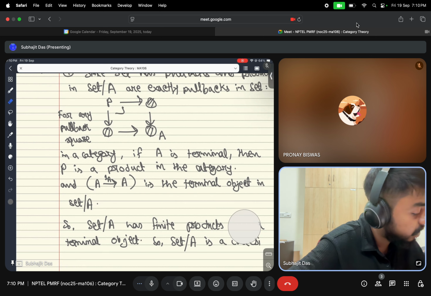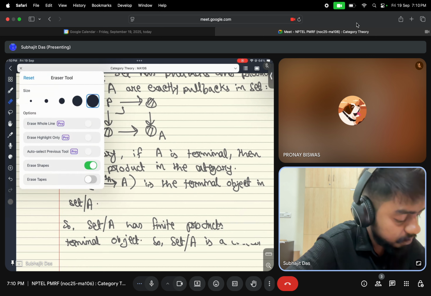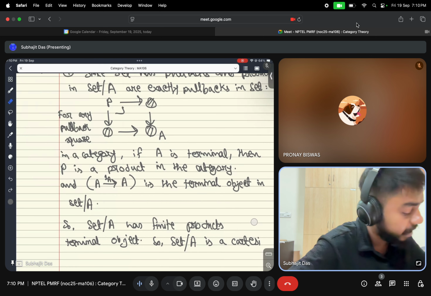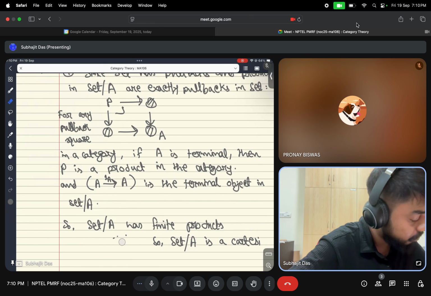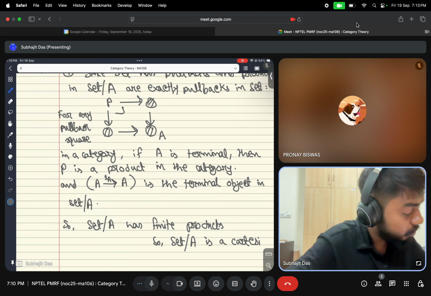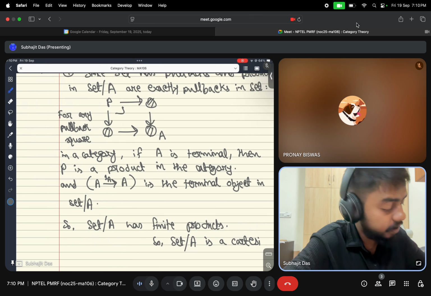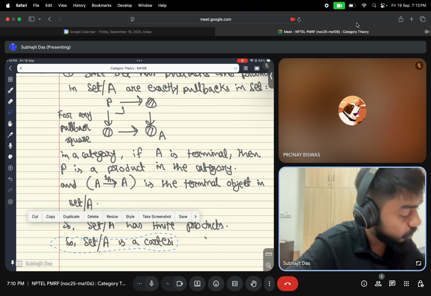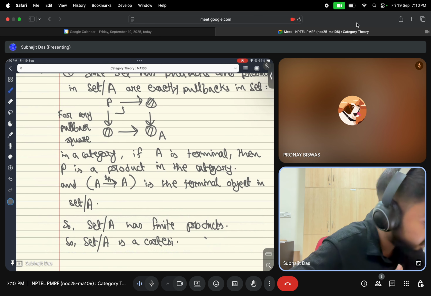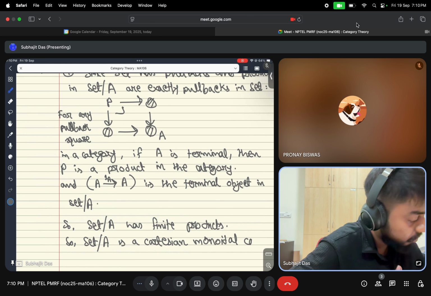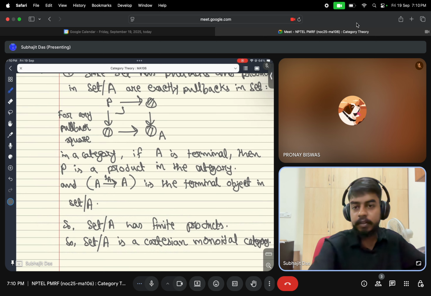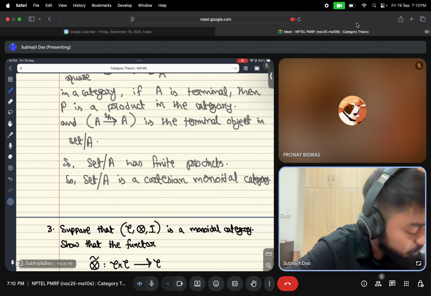It's enough to just say that it has finite products. So set over A is a Cartesian monoidal category. Yeah. So this is true. So statement 1 is true.